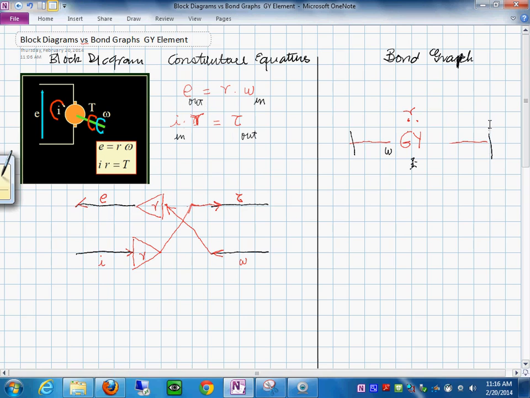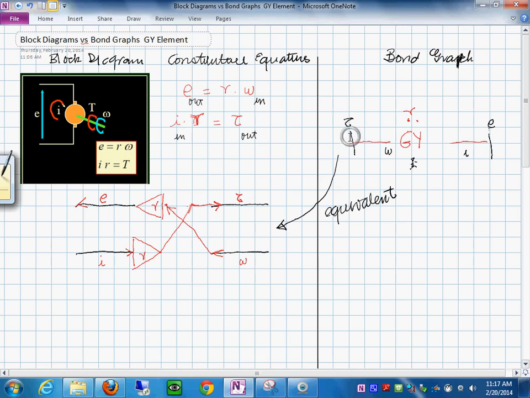So this is the E variable. And on the other side, over here, the other equation, if I look left, it says the current I is the one that comes in, which is represented by this flow variable. And what goes out is this torque. So what I'm trying to tell you is this is the bond graph representation of the very same thing. But what is important is that this bond graph is equivalent to this block diagram.